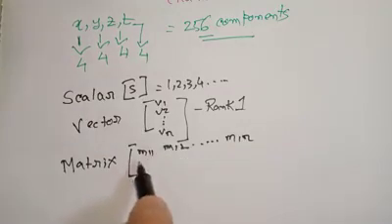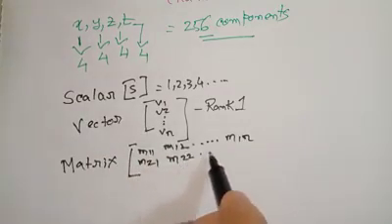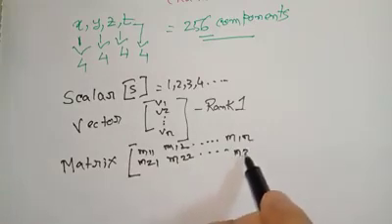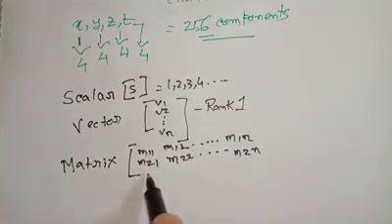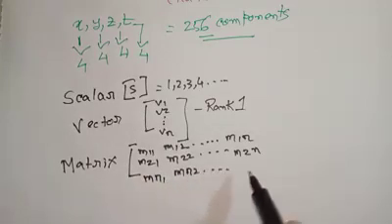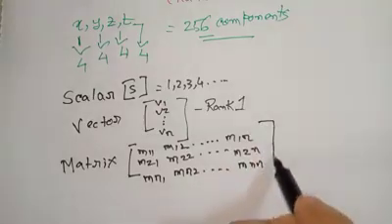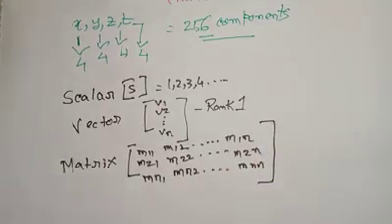And then we have M21, M22, it goes up to M2n, and then we can further write it as Mn1, Mn2, dot, dot, dot, and it goes up to Mnn. So this is a typical example. Those who have done linear algebra call it a matrix.